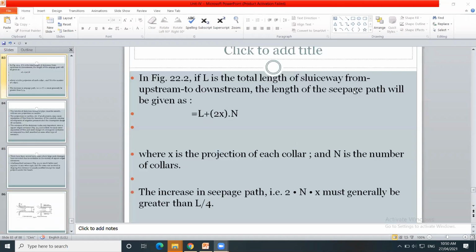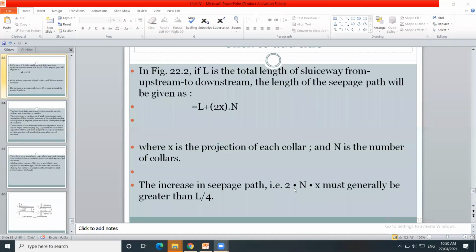That gives the length of the seepage path. The increase in seepage path, which is 2 into n into x, should generally be greater than L by 4, the total length of sluiceway by 4.